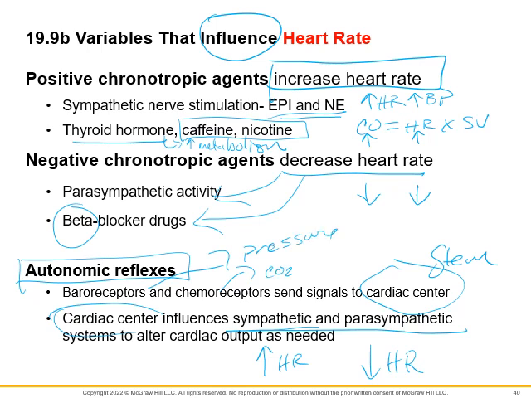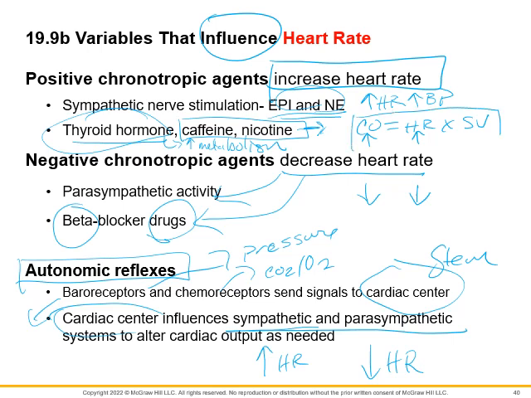Or if we detect carbon dioxide, oxygen differences. So basically, your heart rate can go up and down based on baroreceptors, chemoreceptors, sympathetic, parasympathetic, drugs that you take, legal drugs that you ingest, or hormones released in your bloodstream.